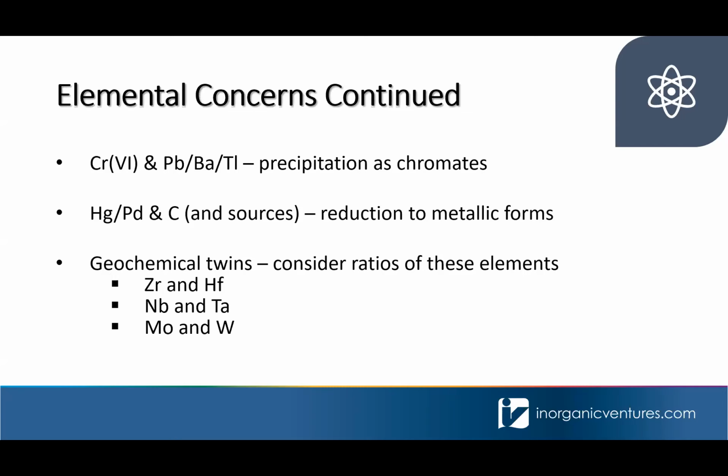So when you're doing an analysis for zirconium and you also have hafnium in your system, you want to make sure that you're not seeing an increased contribution of hafnium from your zirconium starting material. So it's important to consider the purity of the material that you're working with.